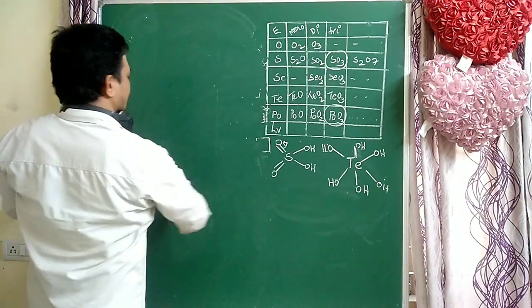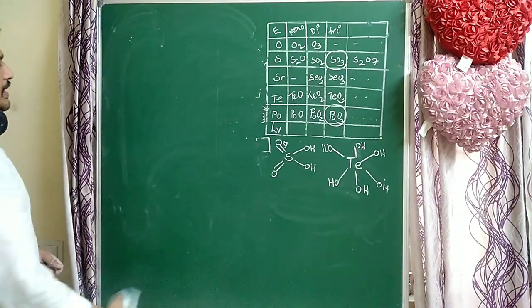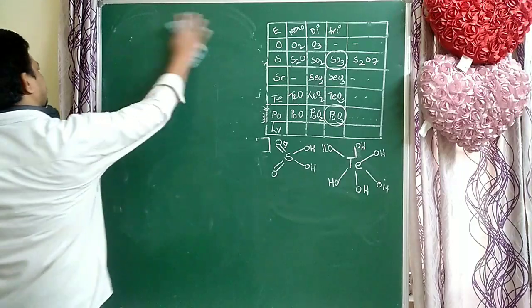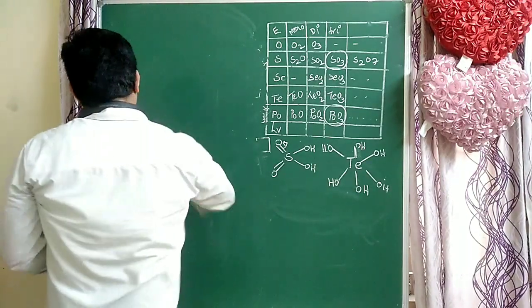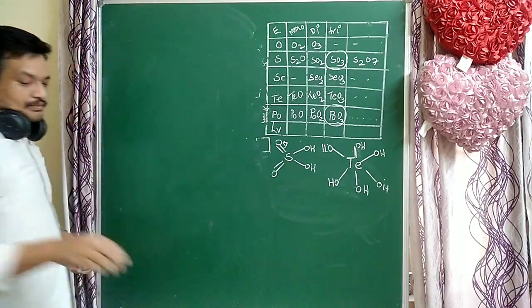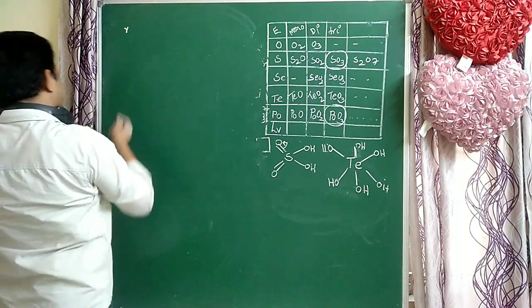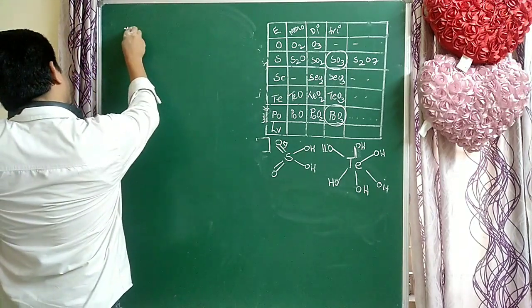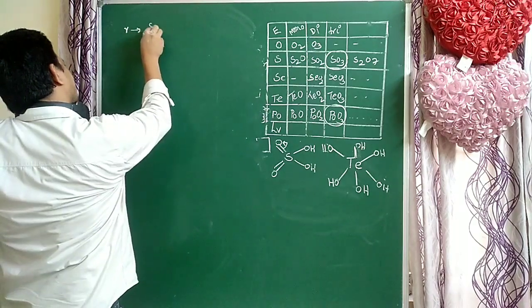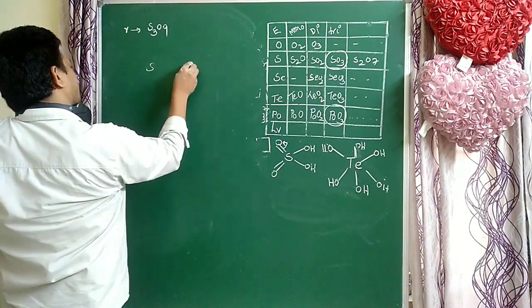The gamma form is a cyclic trimer, mostly cyclic trimer, S3O9.